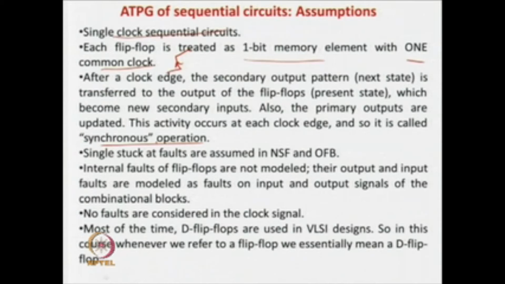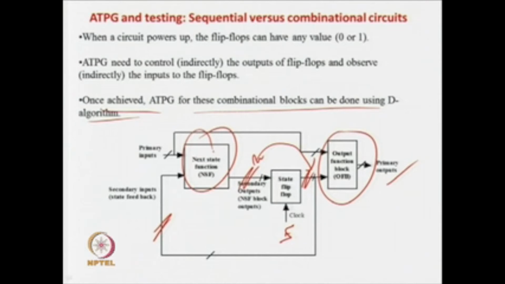The next important point is that single stuck-at faults are assumed in the next state block and the output block. So we assume that the stuck-at faults are at these nets, at the gates at this net, and also at the gate at this net. Here you have some D flip flops. Generally in circuits we use D flip flops, so I assume that all the state flip flops are D flip flops.